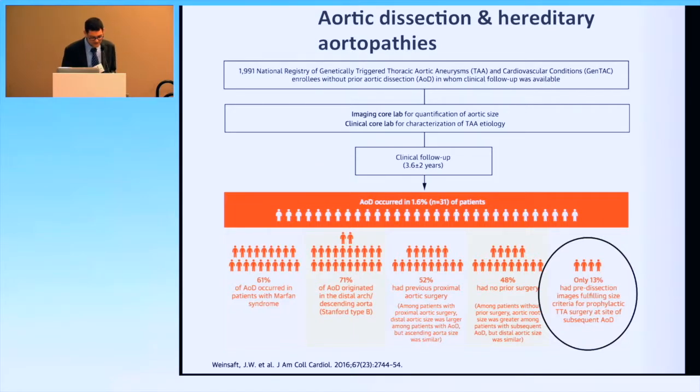Now, there is this large series published in 2016 that has shown that in patients with hereditary aortopathies who had a dissection, only 13% of them had their dissection at a diameter that would be considered a surgical threshold. Therefore, enlargement, or at least diameter, does not contain the full information.